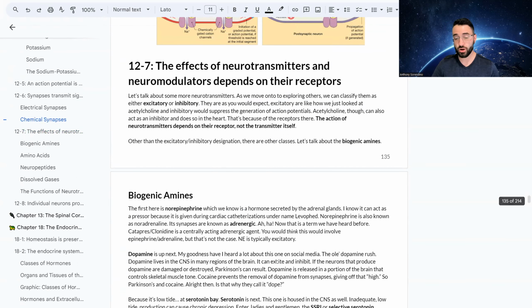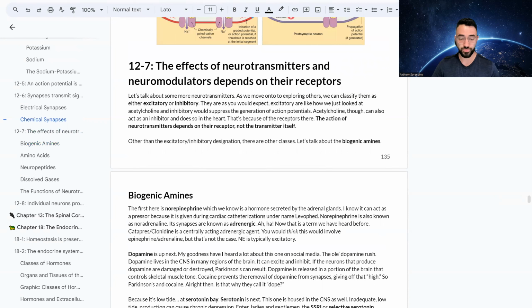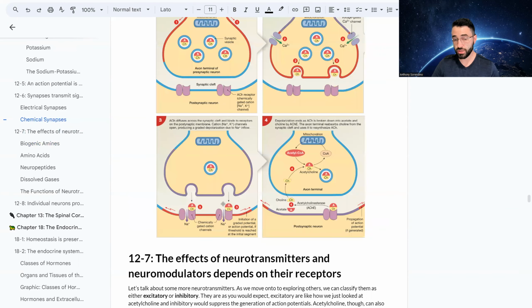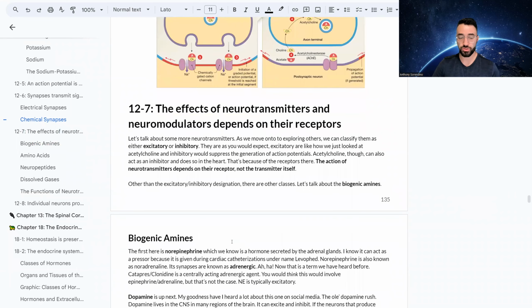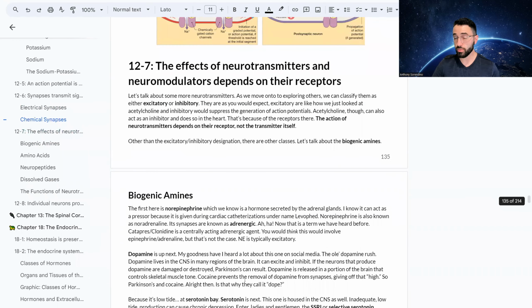So enter the SSRI, which is the selective serotonin reuptake inhibitor. This is going to disallow the reuptake of serotonin in these synapses and allow more of it to be used. It's going to recycle less and use more of this serotonin because, again, low equals chronic depression. So we want more of this.